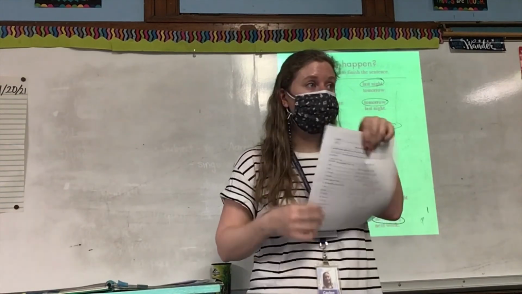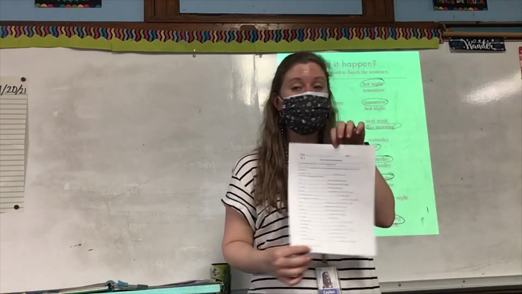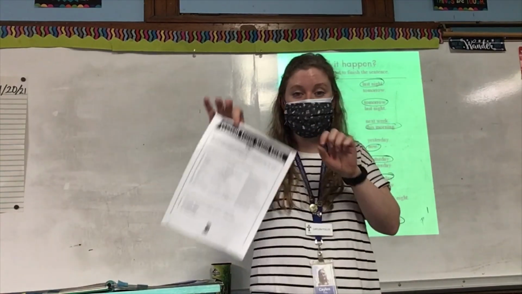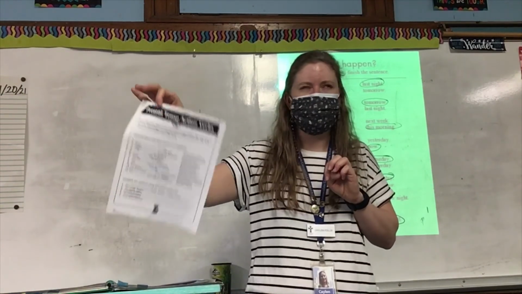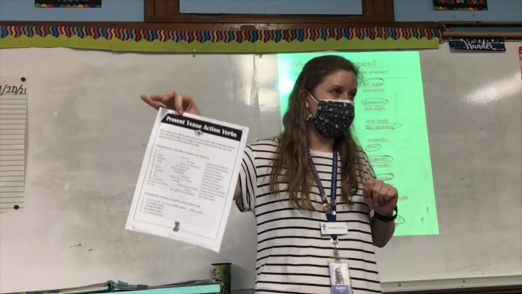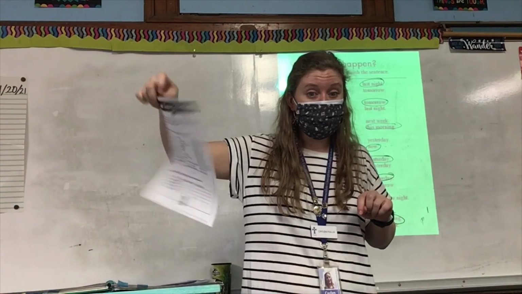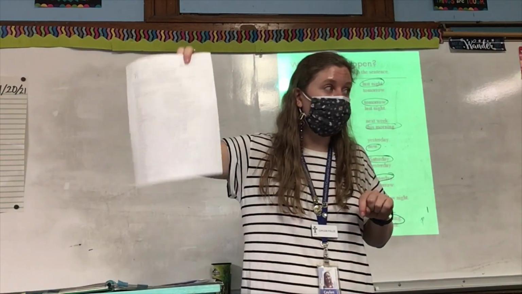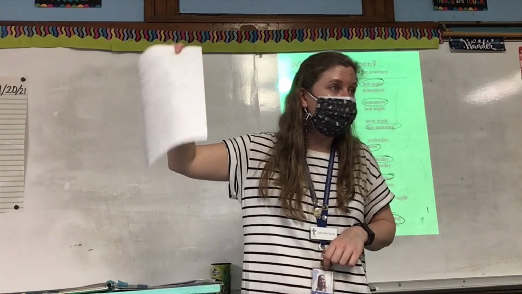So do not do the same thing on both sides. You're not adding es or adding nothing to both sides. Does everybody understand how you're showing two different ways of doing present tense verbs? On the front, you are adding s, es, or nothing. On the back, you're adding ing to the end and the correct form of the verb be at the beginning.